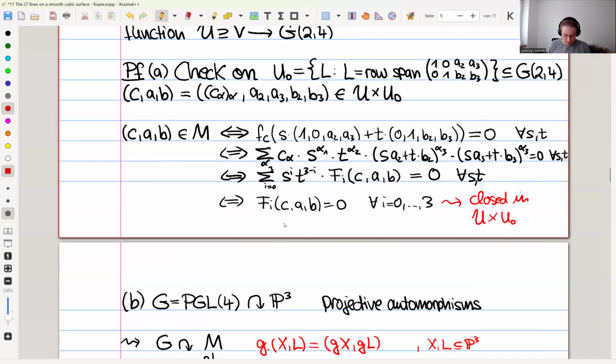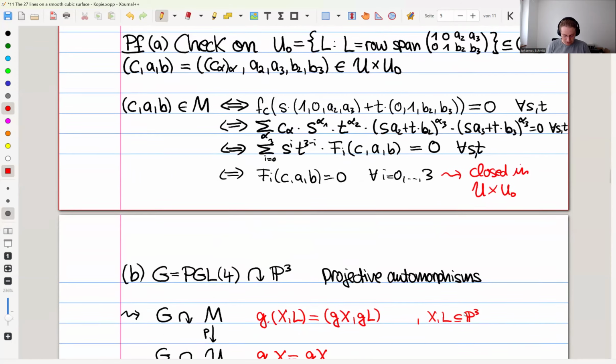And this indeed works because we have seen already that on this P3 in which everything happens, that's the ambient space, we have an action of this group PGL4 by projective automorphisms.